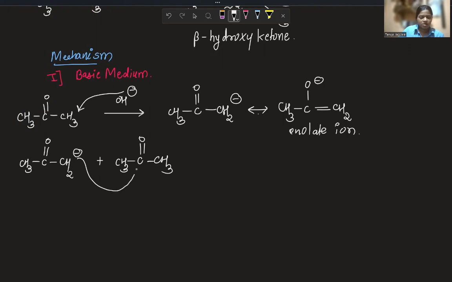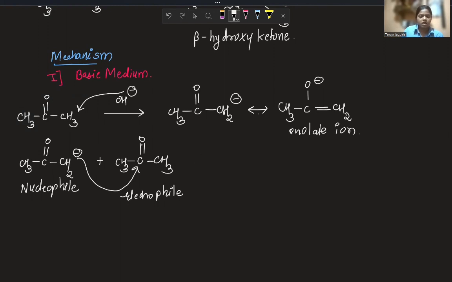The carbonyl carbon atom acts as an electrophile, and the enolate ion acts as a nucleophile.